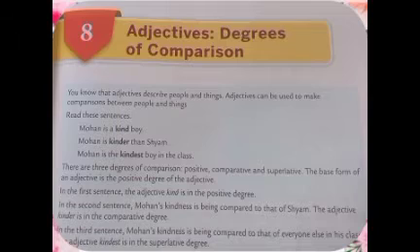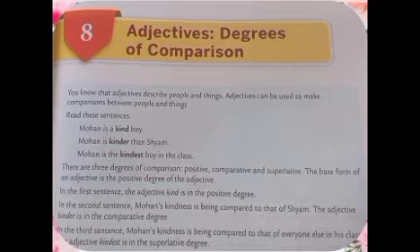The sentence is in the comparative degree, and in the comparative degree we use the word than to compare 2 persons or animals or things. Here in this sentence, see, Mohan is kinder than Shyam. So, if you see than, which kind of form is it in?